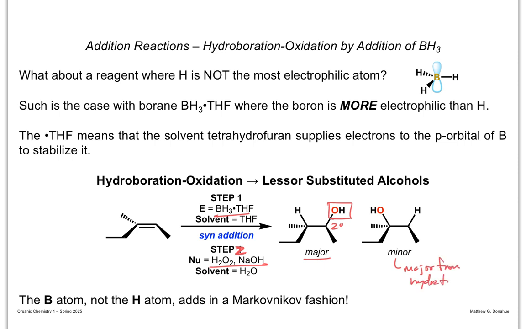If you go back through the notes, the minor product of this, the tertiary alcohol, was the major product from hydration. So hydration and hydroboration give opposite classes of alcohols through the electrophilic addition mechanism.